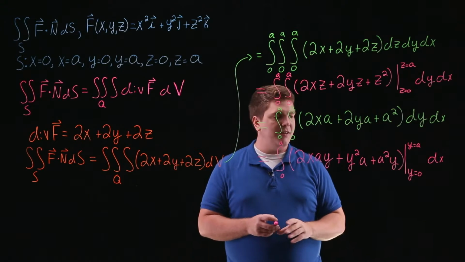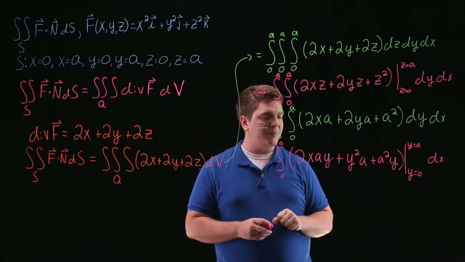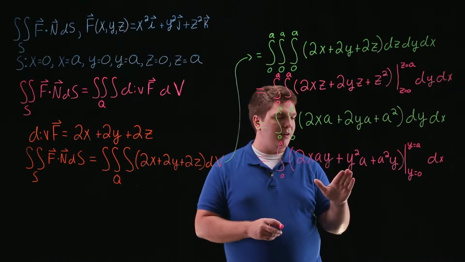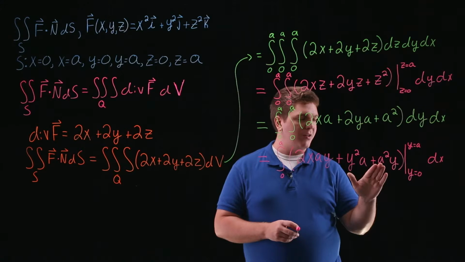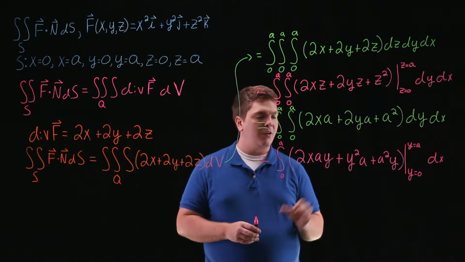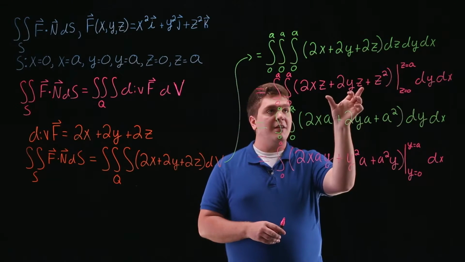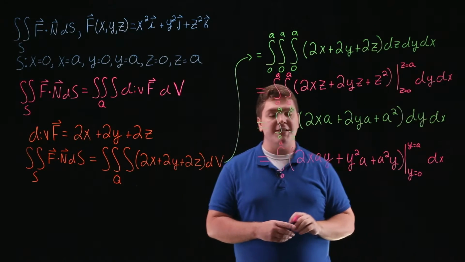If we substitute y equals a, we have 2 times x times a squared plus a squared times a plus a squared times a. If we substitute y equals 0, each of these three terms disappears, just like when we integrated with respect to z.